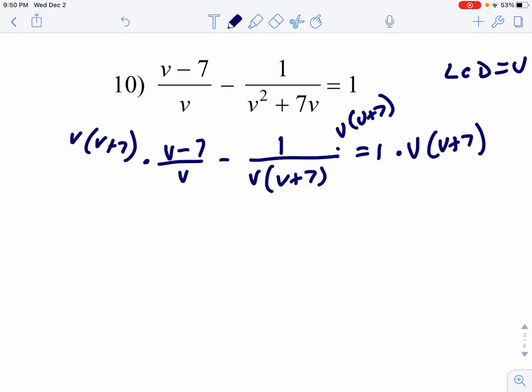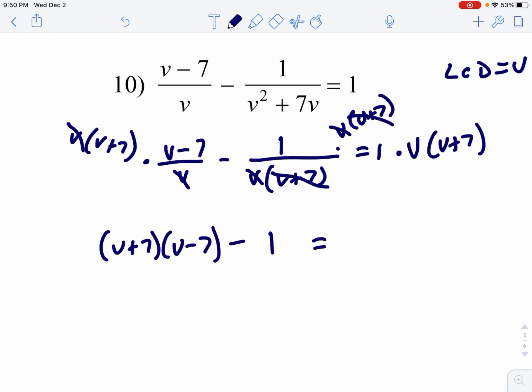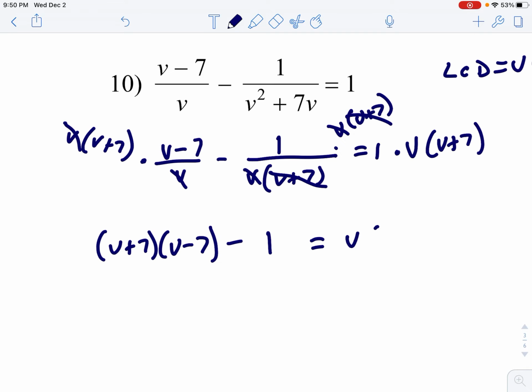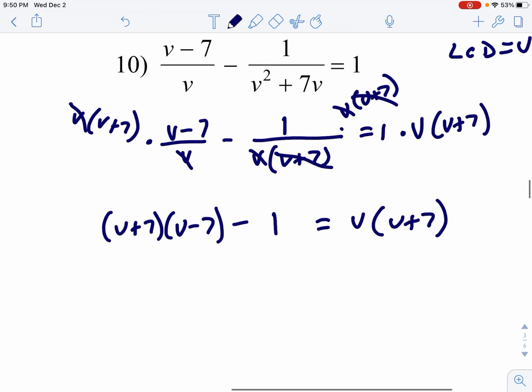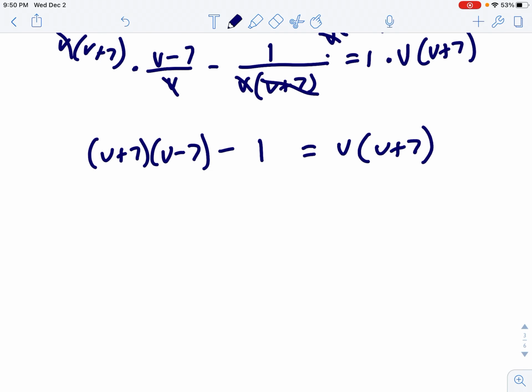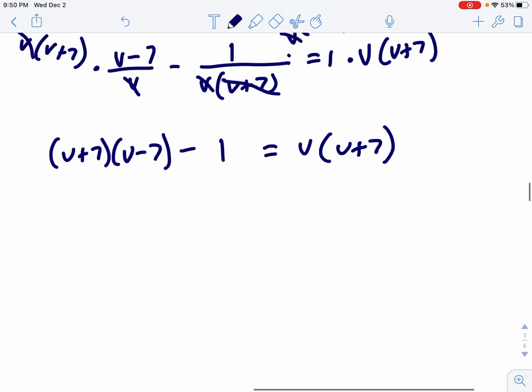Okay, what do we got here? Those cancel, and that gives me V plus 7, V minus 7, minus. Here, next, everything cancels, so just a 1. And then here I get 1 times V, V plus 7. Okay, well, I've got some work to do here. I need to FOIL this together.